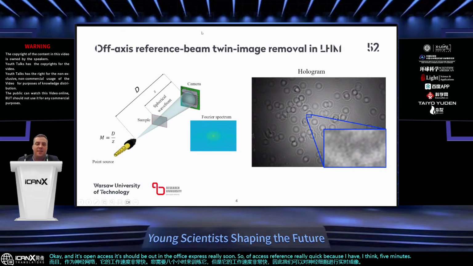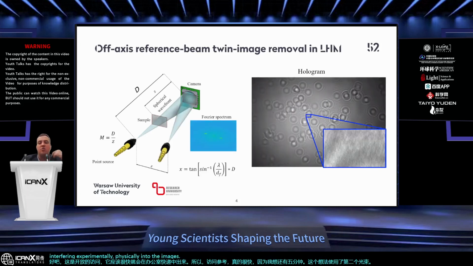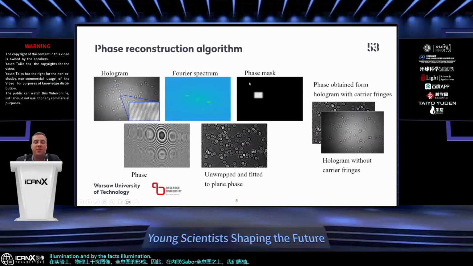This idea uses a second beam, so we are interfering experimentally, physically, in the hologram formation. On top of the inline Gabor hologram, we have off-axis illumination, and by off-axis illumination we can perform the Fourier filtering that was already described brilliantly by Professor Chao Zuo.